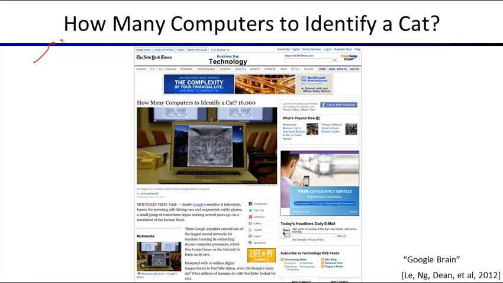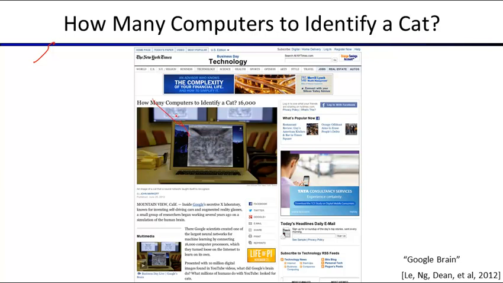What they were working on is having machine learning learn the features, and they showed in this particular result that with 16,000 cores and quite a bit of time running these cores and processing data, you would actually learn features that correspond to meaningful things, like cats.